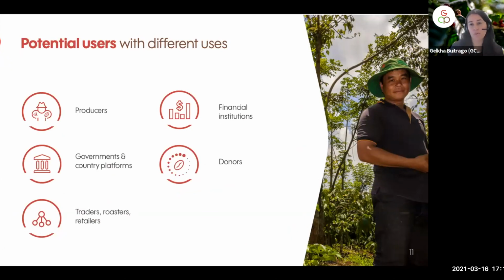A producer or a group of producers can assess their own practices against the Baseline Coffee Code and see what areas for improvement there are. Governments in coffee producing countries and country platforms as well can use this, as I mentioned, as a reference for the national strategy, for the national sustainability curriculum that at the end are going to be the foundation of the extension services programs.